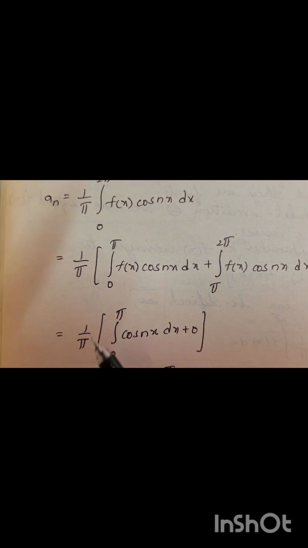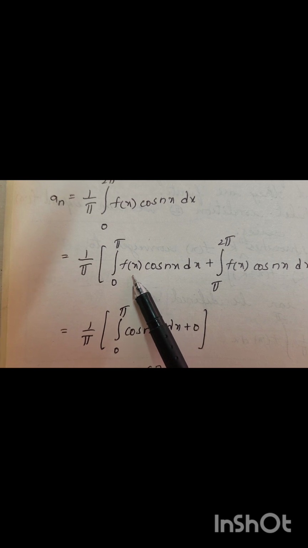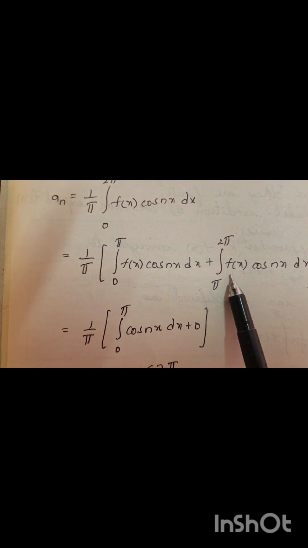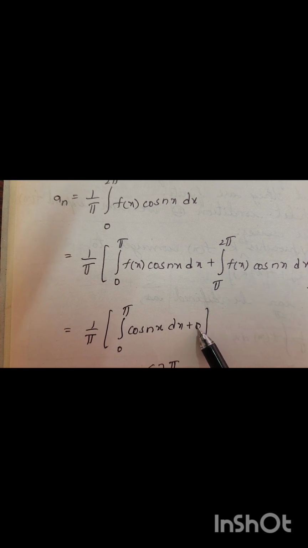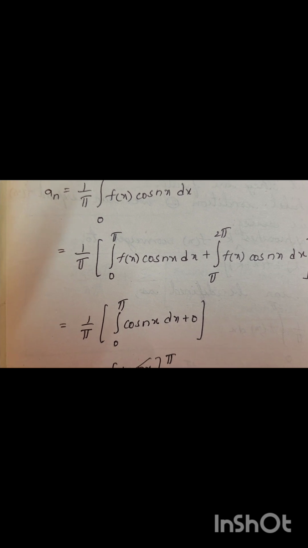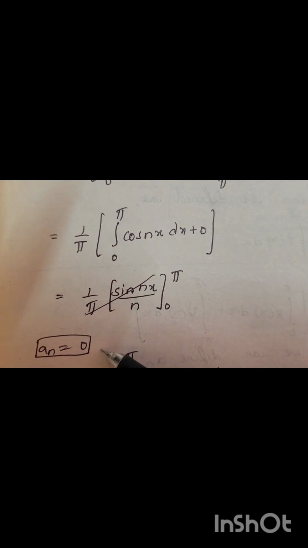In 0 to pi, f of x is 1, so 1 into cos nx. In pi to 2 pi, f of x is 0, so this whole term is 0. So an is 0 because integral 0 to pi cos nx is 0. So an value is 0.